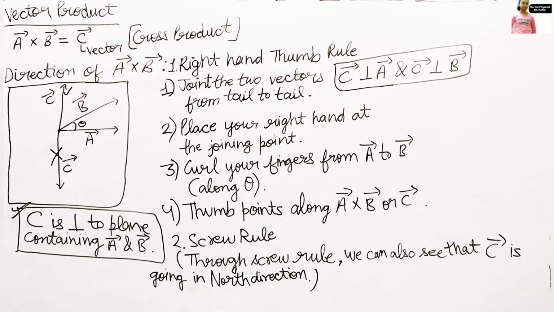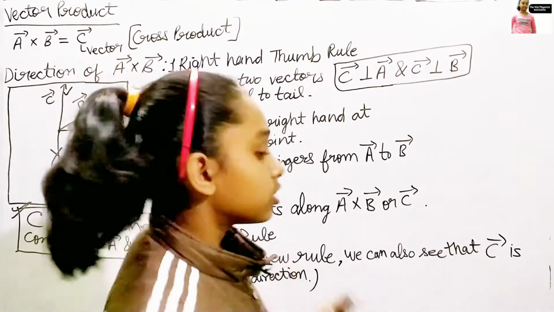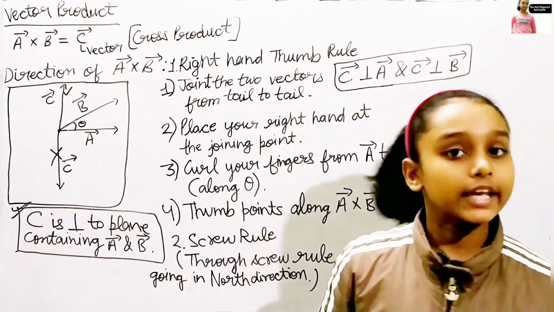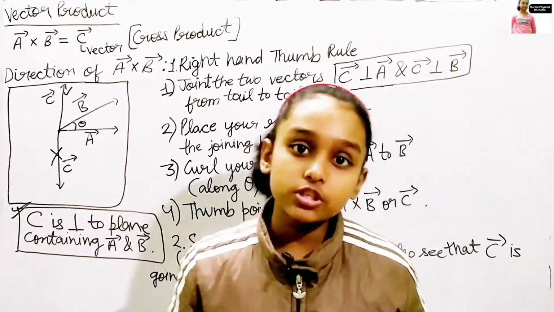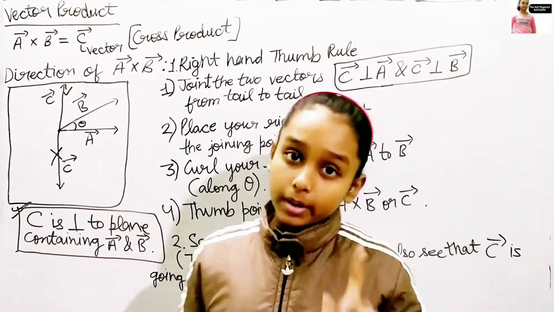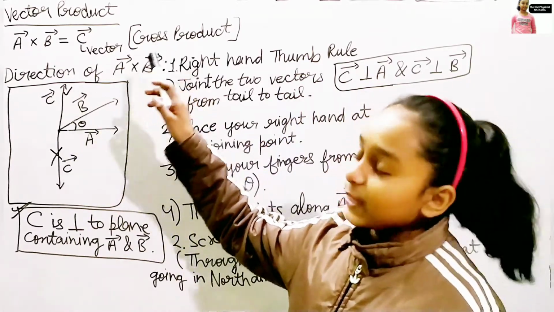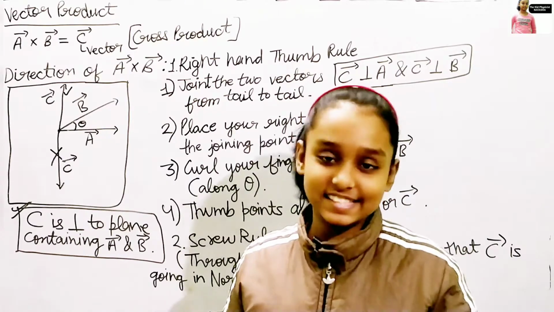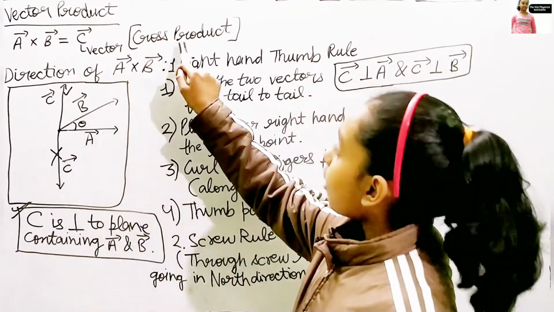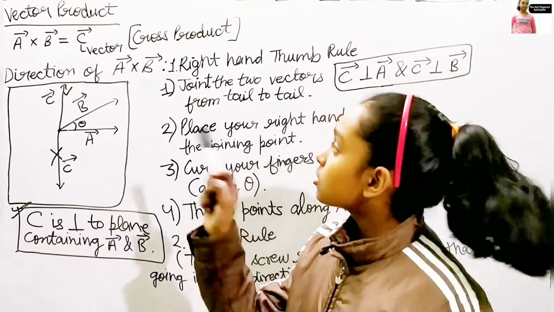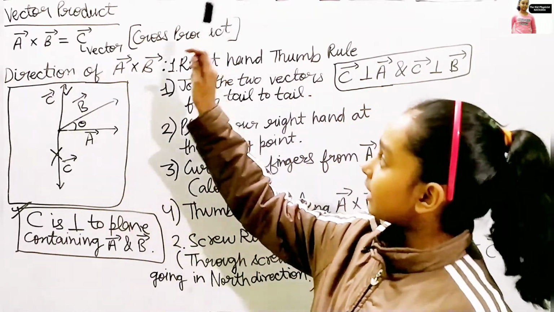Yeah, so I hope you all have understood these two rules that I have told you. Okay, so that's all for today. And remember that vector product has another name, and it is cross product.